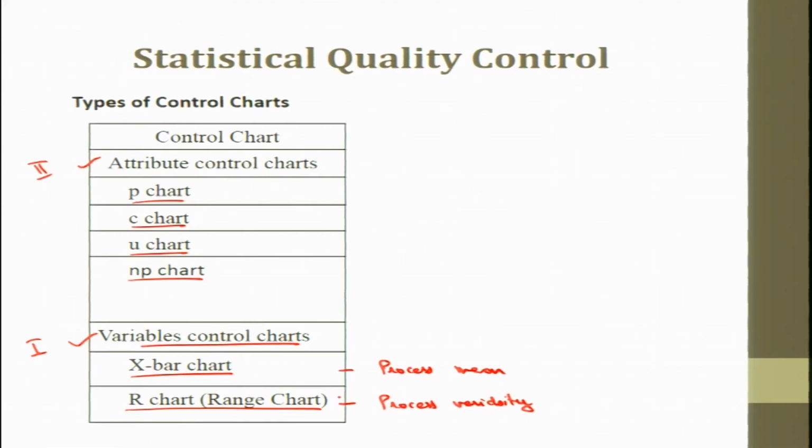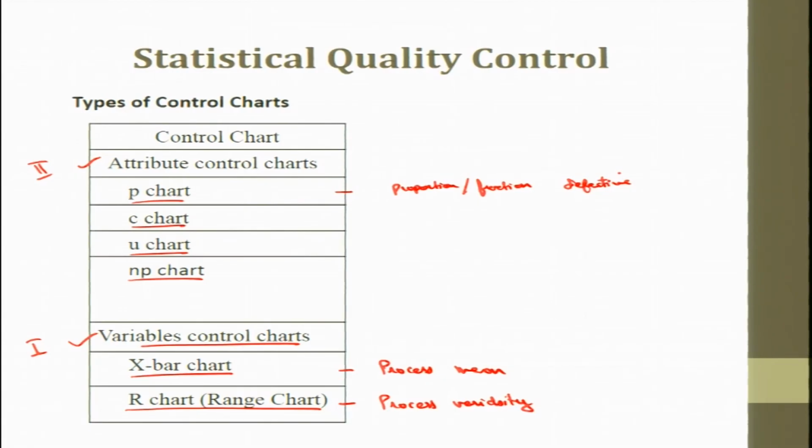So P chart, the P is for fraction defective, the proportion of defective. So I can better put it is used to measure the proportion or fraction defective.